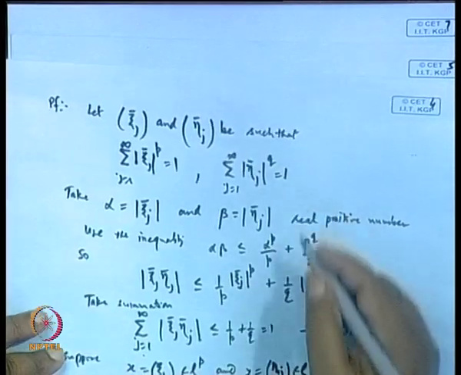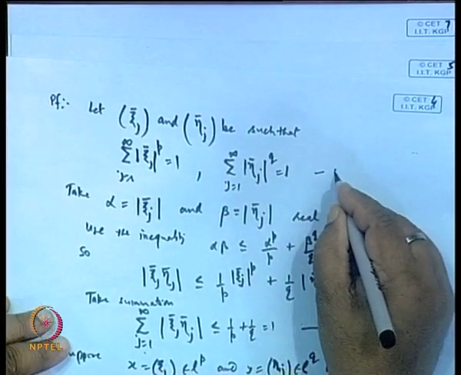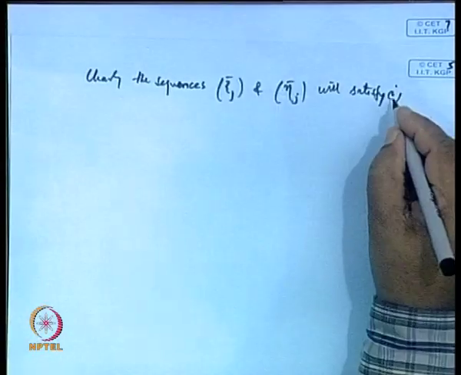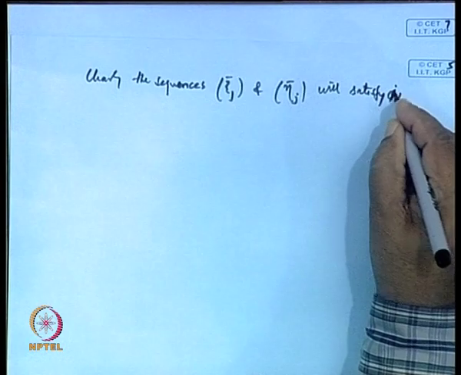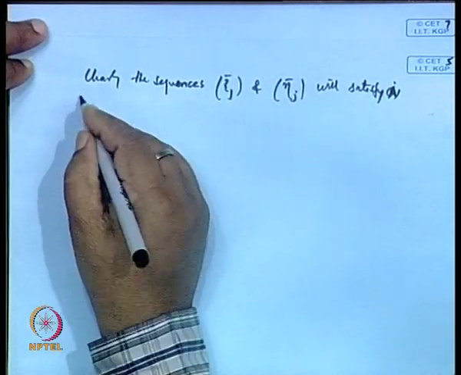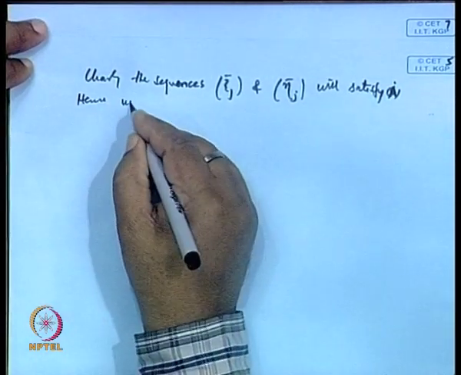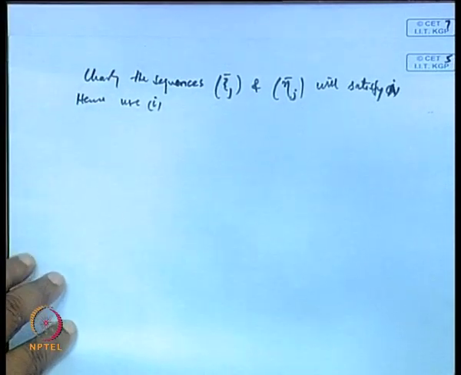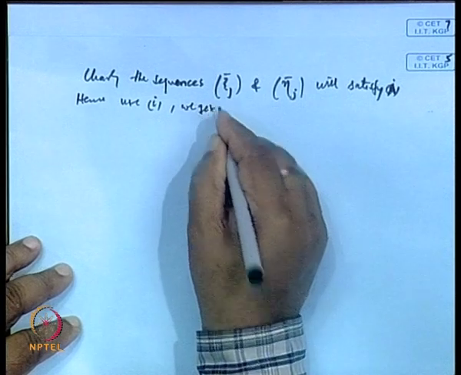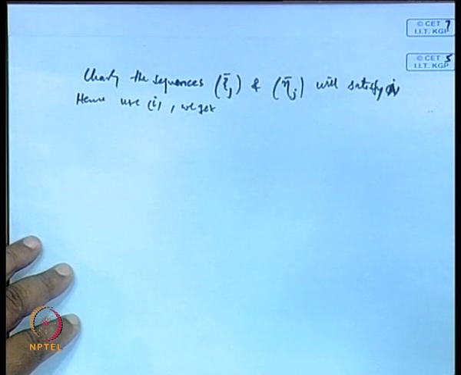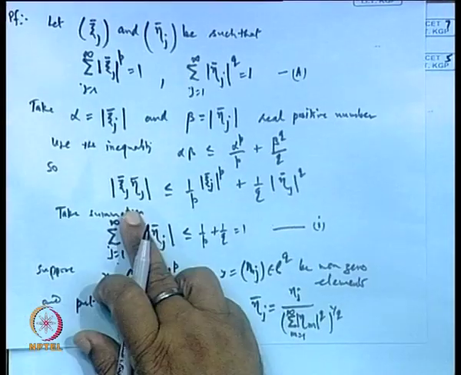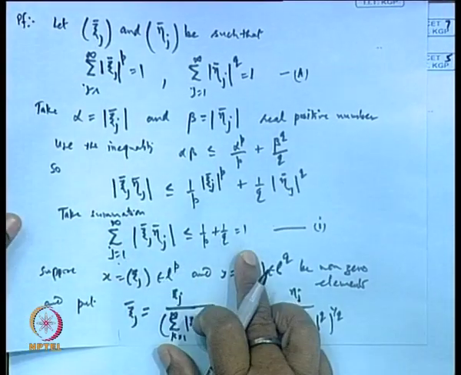instead of 1, let it be say here is A. So, will satisfy A, hence use 1 I, because they satisfy I. So, from here, when you substitute these values in I, sigma of this is 1.